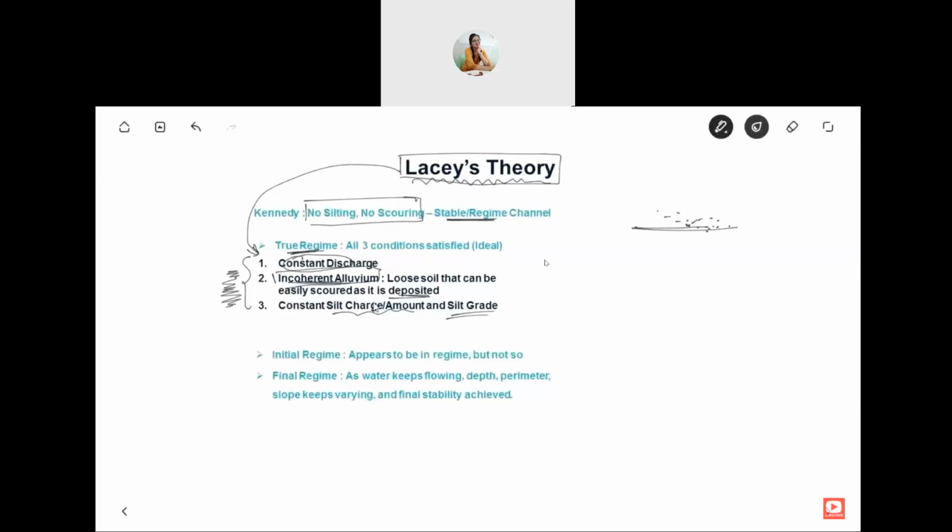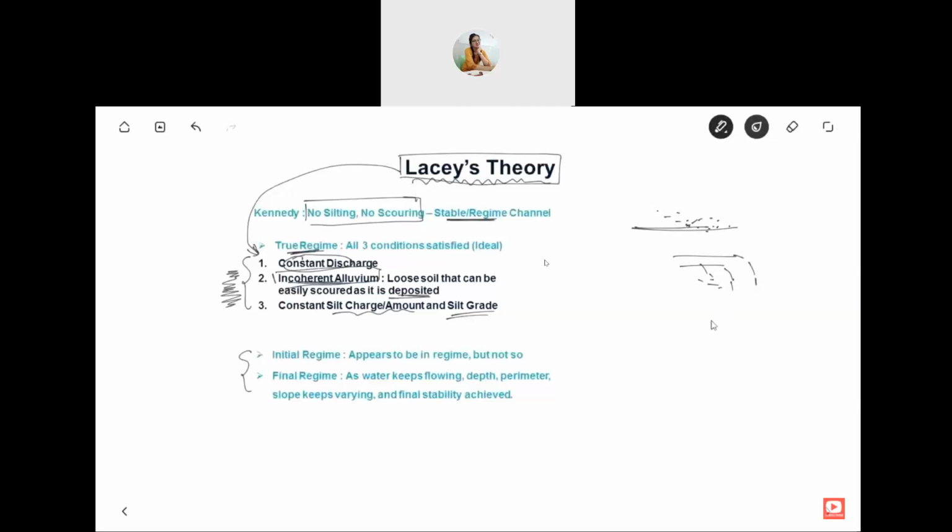So he differentiated them into two types of regime. One is initial regime and the other is final regime. Suppose, let us say, from the river a canal is forming and it has just started to form. Based on the silt etc., it will keep on changing its shape.